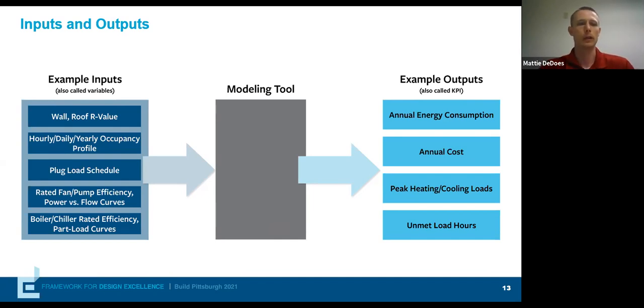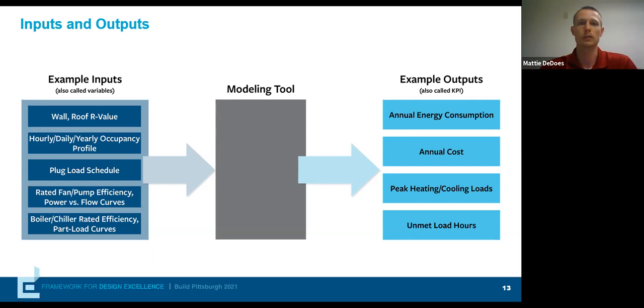A couple things I want to make note of: when we're building a model, especially early on, a lot of these inputs are going to be assumptions or a best guess, where we work together as a team, architect, engineer, modeler, owner, and we're doing our best to decide what we think this wall is going to be, how we think the building is going to be used when we're early in the process.